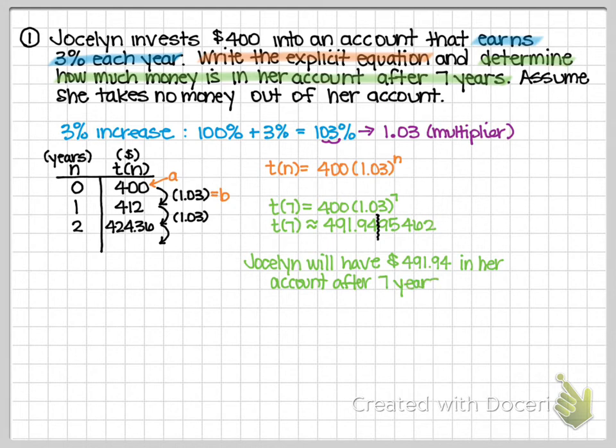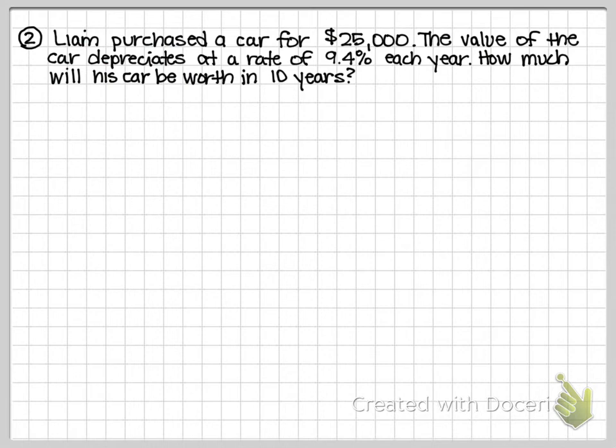Okay. We got one more, and then let's see if you can actually set it up. So Liam purchased a car for $25,000. Okay, so I could actually start setting this up. So in the beginning, he hasn't had it for any time, he spent $25,000 on it.